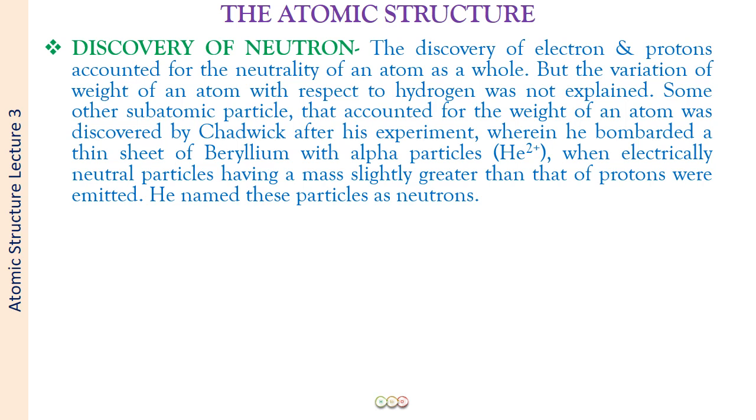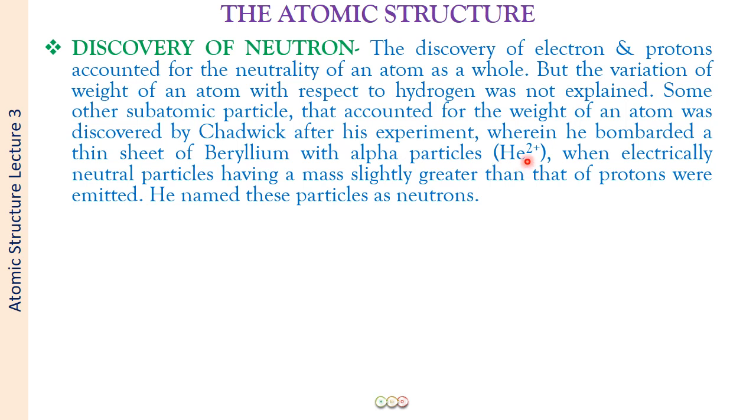So the thought was that there is something present in the nucleus along with the proton, which is electrically neutral but contributing to the mass of the atom. And these particles were discovered experimentally by a scientist called Chadwick. And what he did was that he bombarded a thin sheet of beryllium with alpha particles.